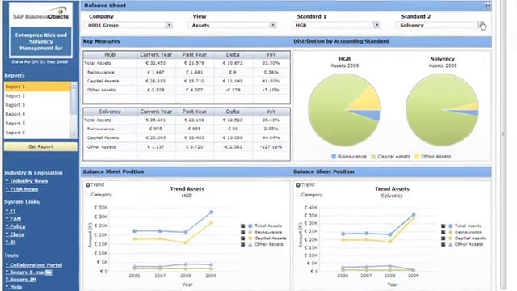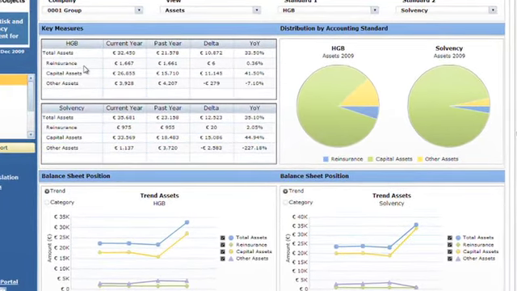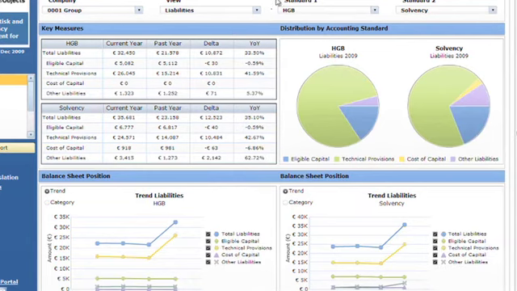As we view our overall assets, we can further view the asset categories: reinsurance, capital assets, and other assets. And we see that overall, our assets are increasing both on an HGB basis and on a solvency basis. So, assets are not the cause of our life insurance risk exposure increase. So, let's now take a look at our liabilities.